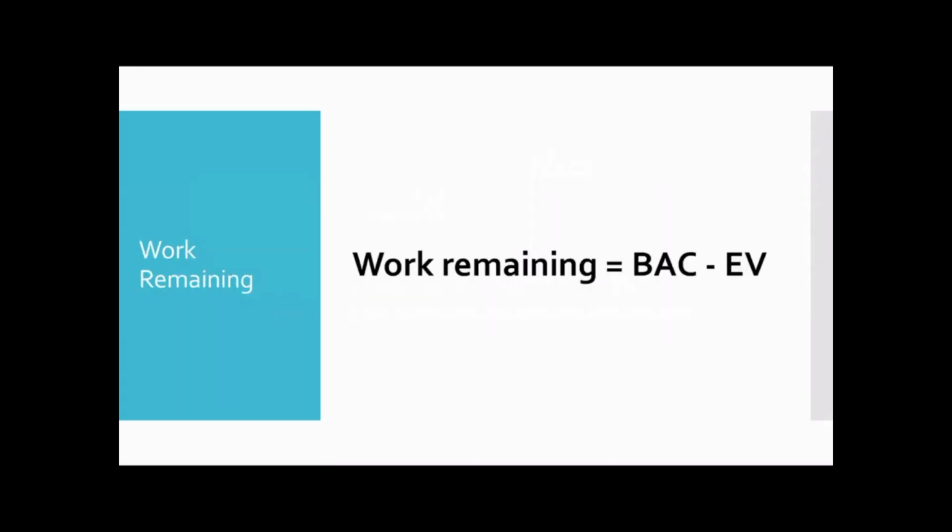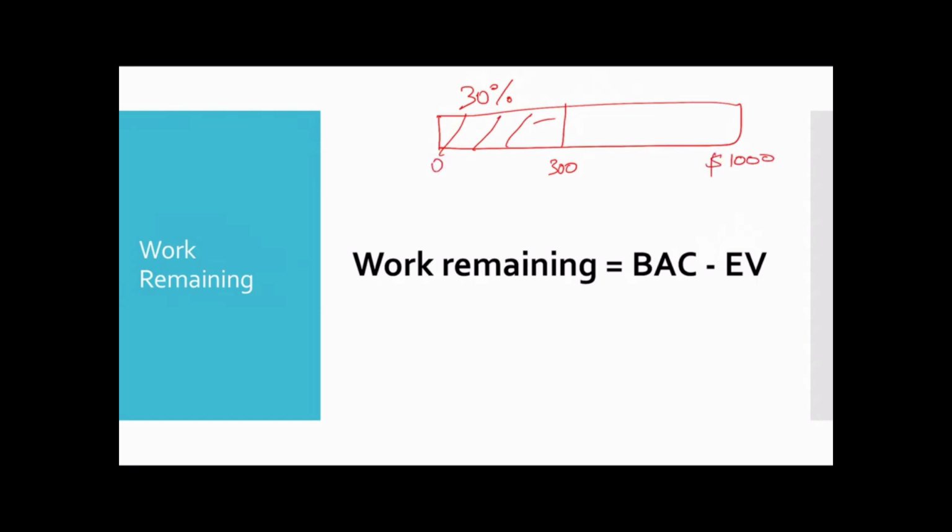Okay, work remaining, very very important. So work remaining is budget at completion minus earned value. Let's say for example, you finish say 30% work, and it cost you say $300, and let's say you had a $1,000 project. So BAC is equal to 1000.